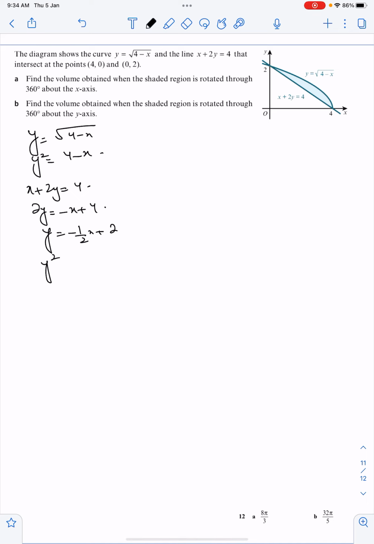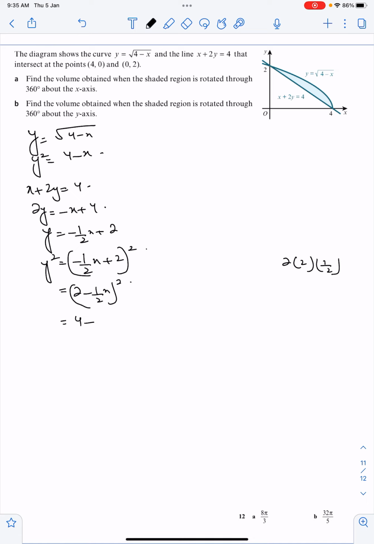If I square this, it will become y square equals to negative 1 upon 2x plus 2 the whole square, which is actually 2 minus half x the whole square, 4 minus 2x plus 1 upon 4x square. So I've just expanded this.